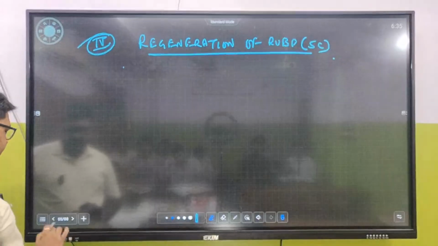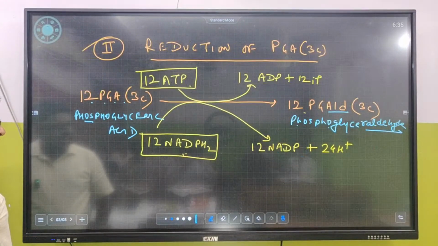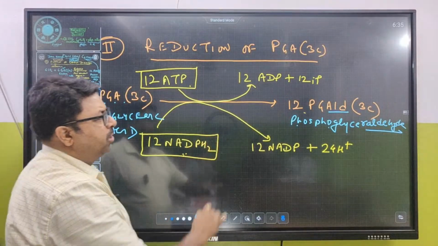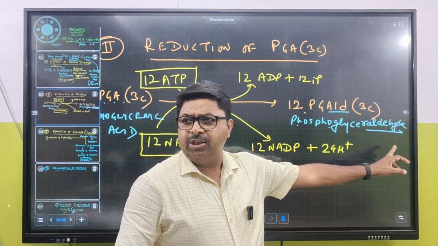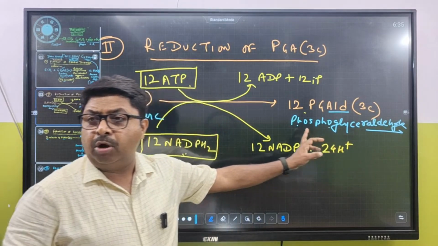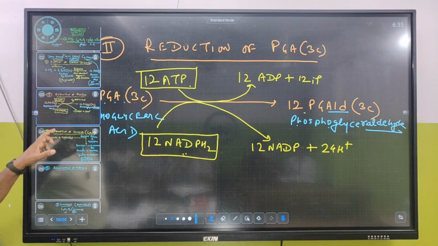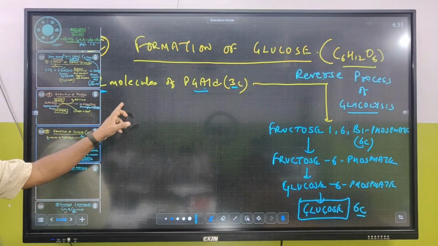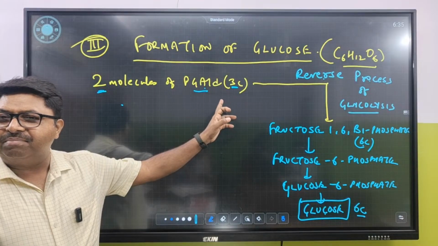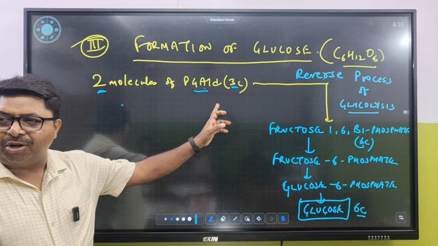Tell me, out of 12 molecules of PGALD, how many molecules have you utilized to make glucose? 2 molecules of PGALD. How many are left? 10 molecules of PGALD are left.